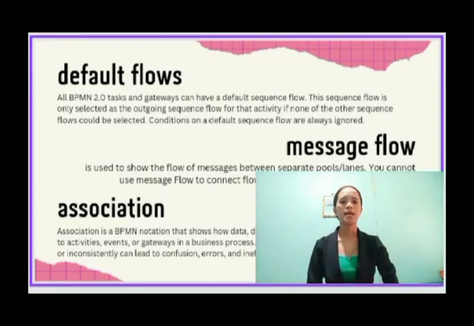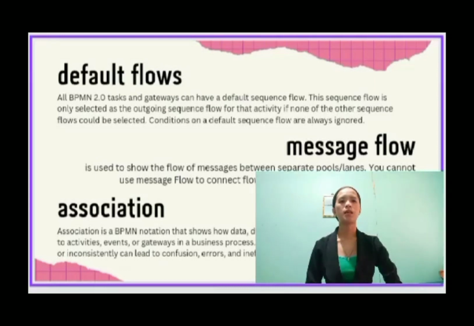And lastly, under the flow objects, we have the association flow. These are used to indicate a dependency or condition between elements in a process without implying a specific order or communication.